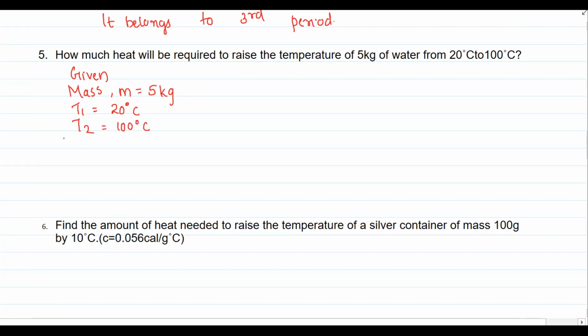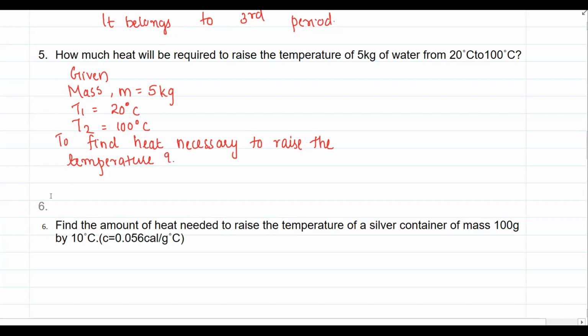That is the question. So to find heat necessary to raise the temperature. This is what we want to find.